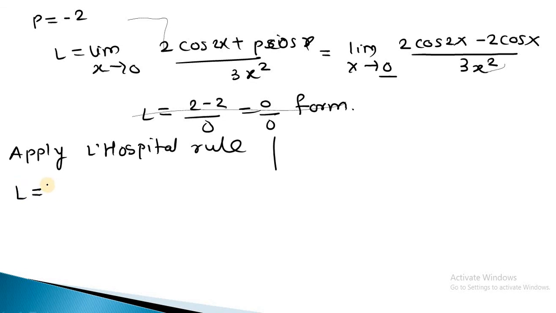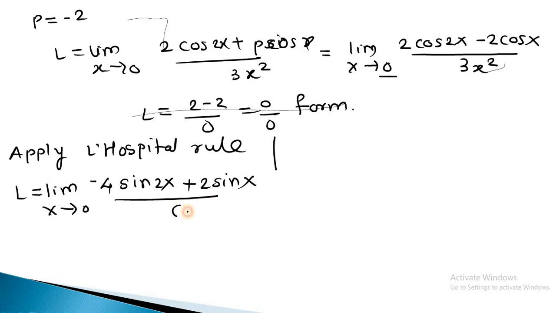L is equal to limit as x tends to 0 of the derivative of 2 cos 2x, which is minus 4 sin 2x, minus 2 cos x, so it is plus 2 sin x, divided by 6x. When I substitute x is 0, sin 0 is 0, so the numerator is 0, and the denominator is 0. So again we get 0 by 0 form.